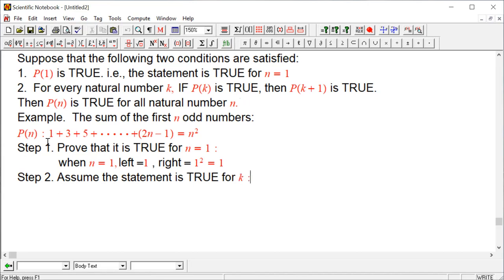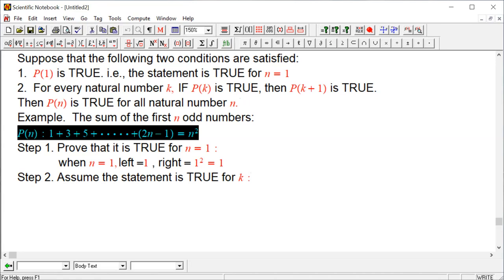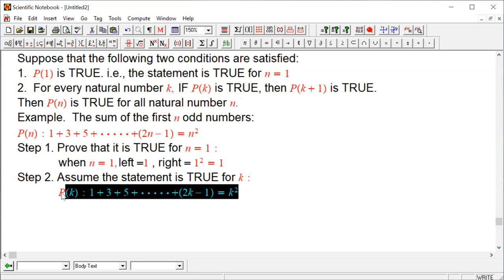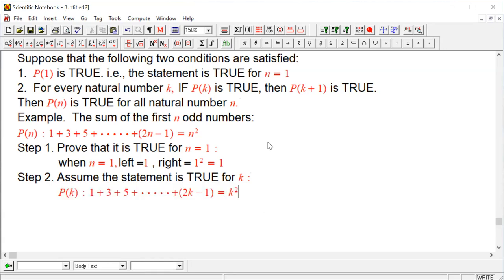If we turn everything to k, n becomes k, we assume it is true. So here there's no proof; we assume it is true. But then we're going to prove that it is true for k plus 1.